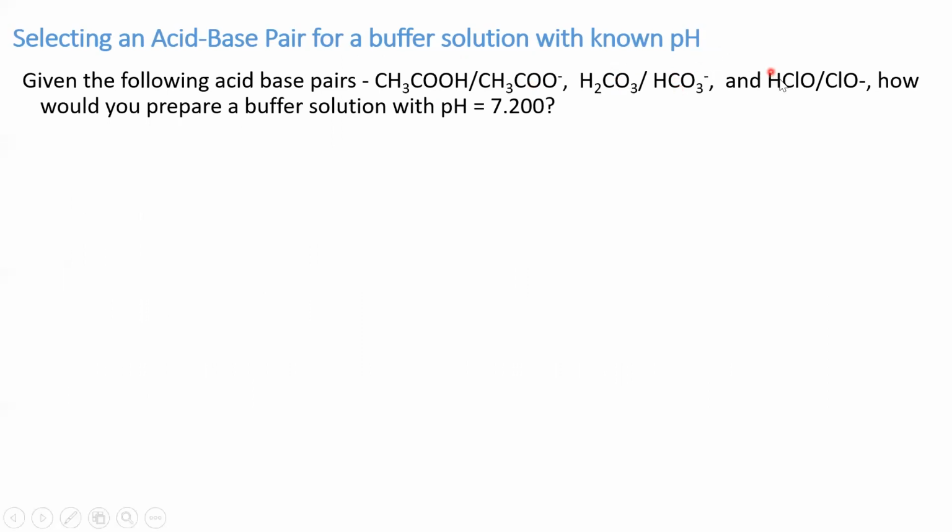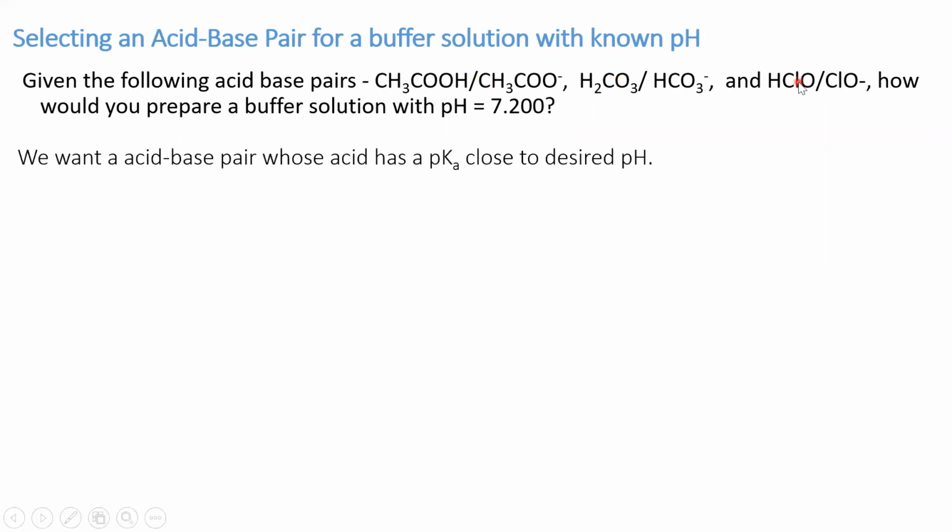Or we could make a buffer solution between hypochlorous acid and hypochlorite. And let's say we want to make a buffer solution that has a pH of 7.200. Well, which buffer solution is going to be the most effective?